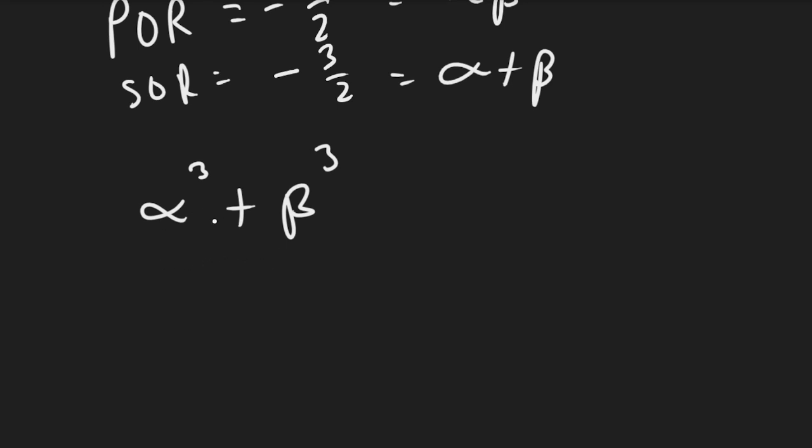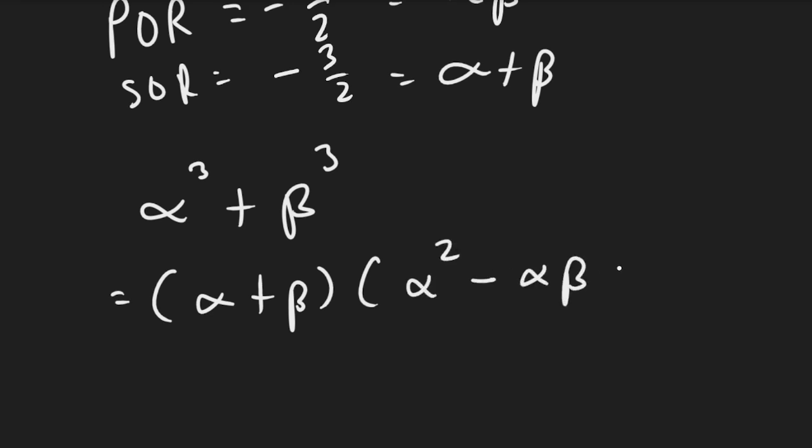We can factorize alpha cube plus beta cube into the following: alpha plus beta times, alpha squared minus alpha beta plus beta squared. So we have this. Now let us rearrange a bit.